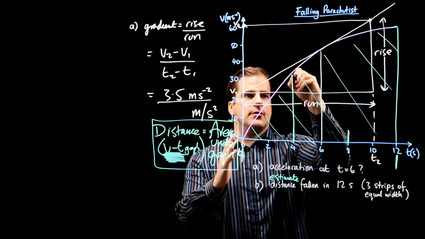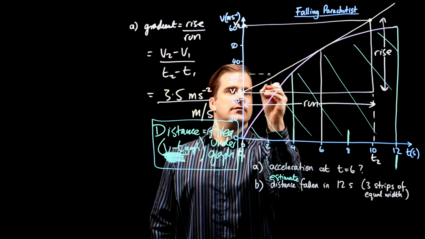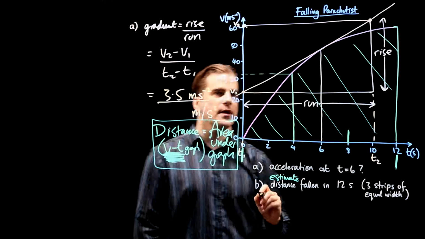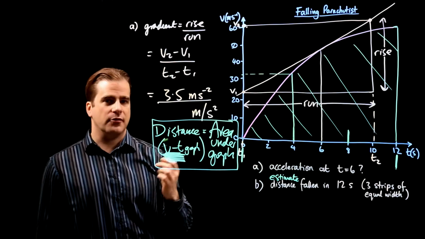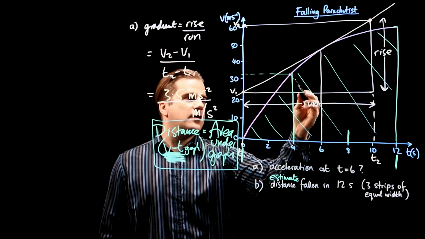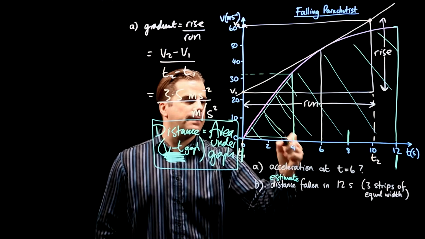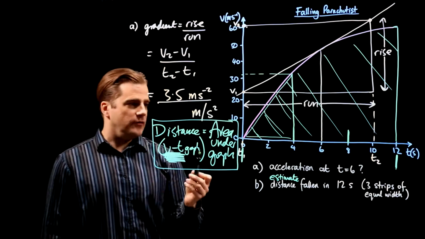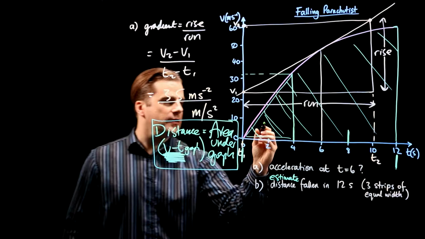If we took it all the way up to there and across, and we worked out the area of that rectangle, it'd be a pretty bad estimate, right? Because we only want this area here. So what you do is take it up to the midpoint.